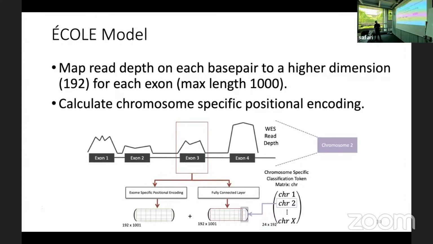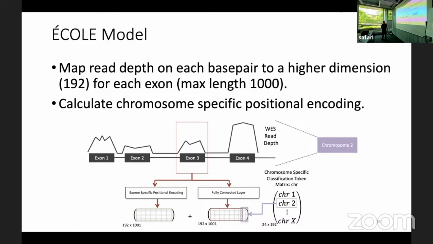Now, one interesting thing here is that I said 192 by 1,000. We add one more vector, 192 long, which is called a chromosome-specific classification token. Whereas these are calculated, this is supposed to be learned, and it's specific to each chromosome. It's a little token that you attach. The numbers inside are going to be learned by the algorithm as if they are parameters.